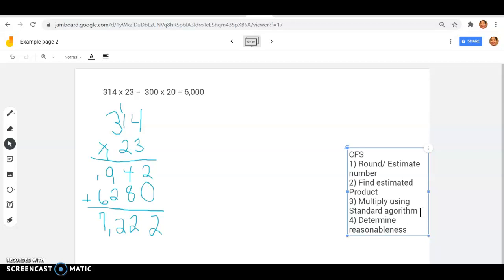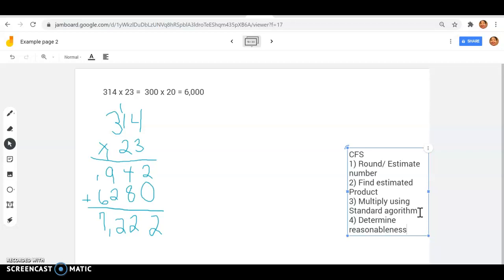We see that 7,222 is a lot bigger than 6,000, but of course, there's multiple ways that you can estimate these numbers. 7,222 is a lot better than, say, if we got 4,222 for our exact answer or 10,222. Believe it or not, 7,222 does fall in a good range of our estimated answer.